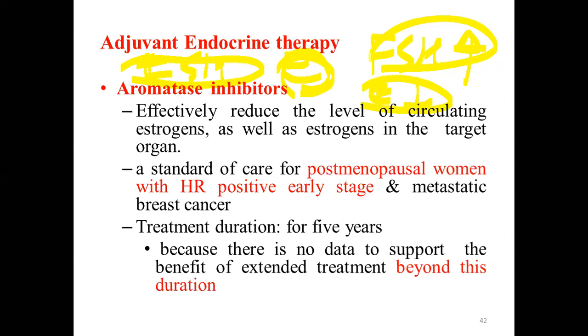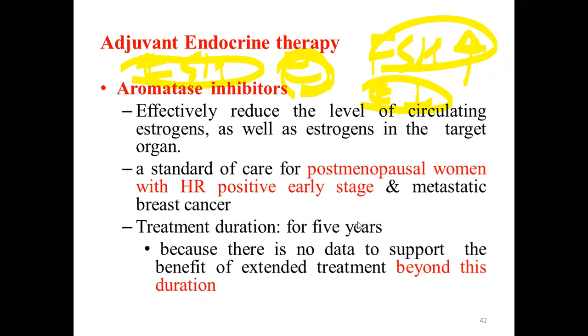I think I have mentioned before. Why is it not effective in the premenopausal woman? Because they produce most of their estrogen from the ovary, so giving an aromatase inhibitor would make the situation worse, because it will only affect the estrogen that is normally produced from conversion of the adrenal gland androgen secretion.